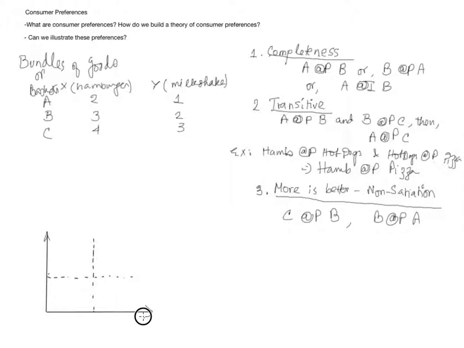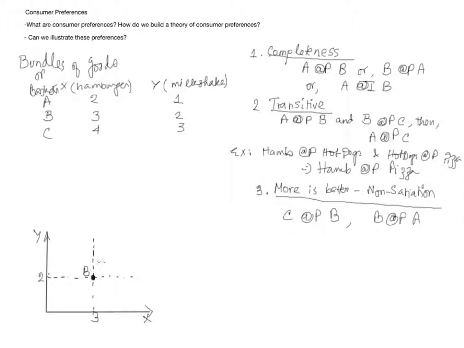So let's plot good X here, which is hamburgers, and good Y here, which is milkshakes. Now let's consider this bundle here. Let's say this bundle is B, which means we have 3 hamburgers and 2 milkshakes.